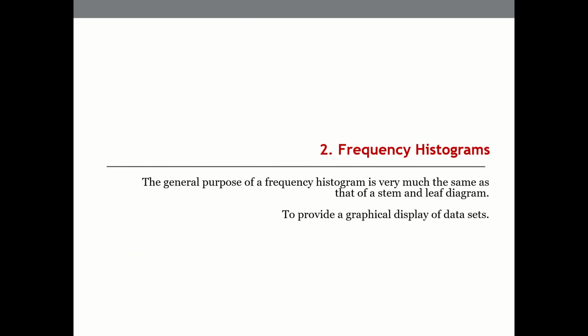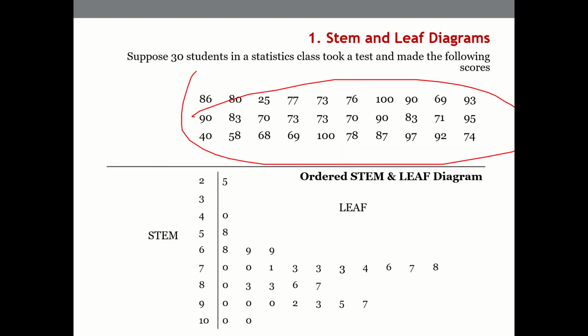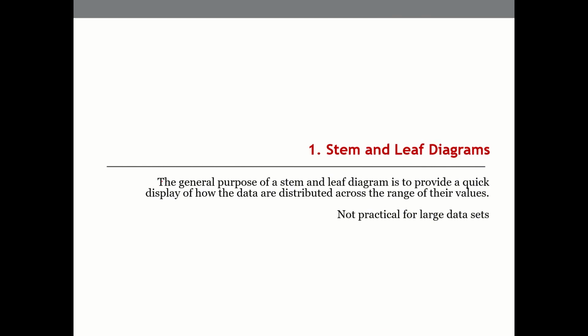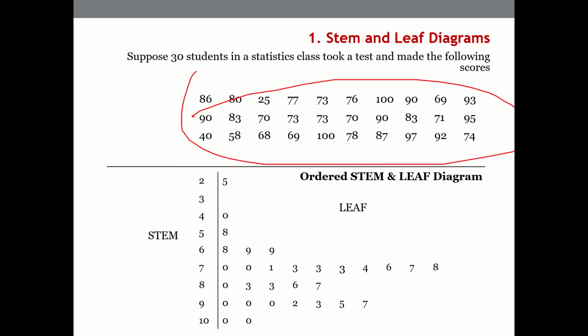If I have to ask you what the mode is in this data set, what is the mode here? There are two modes, 90 and 73.